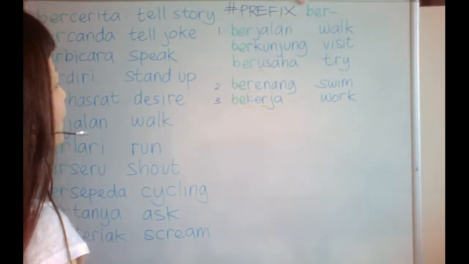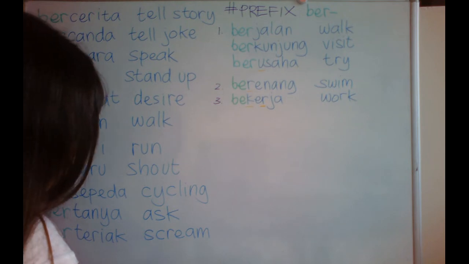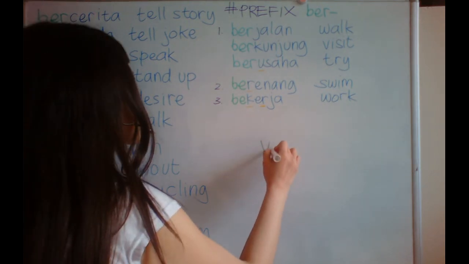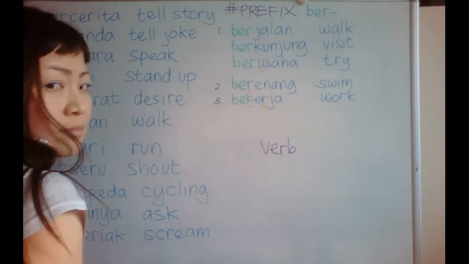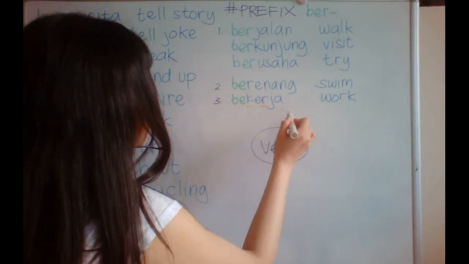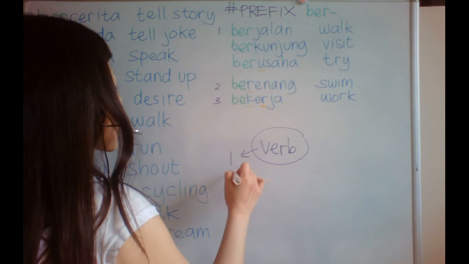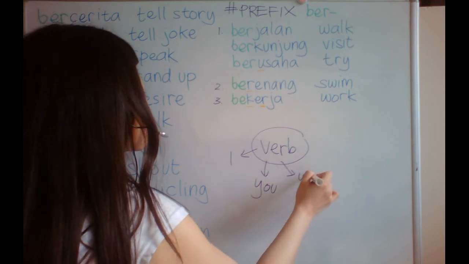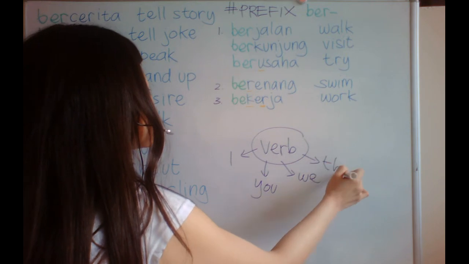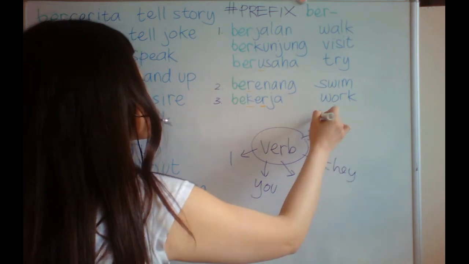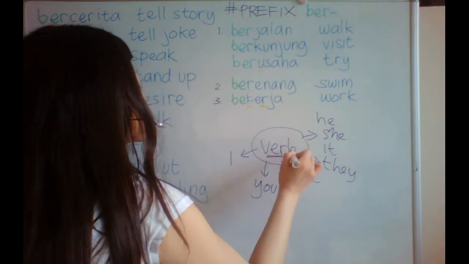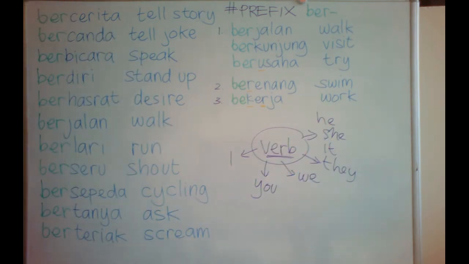Hi, today we will learn Indonesian language or Bahasa Indonesia about the verb. In Indonesian language, the verb that you use for I, for you, for we, for they, also for he, she, and for it, is the same verb.